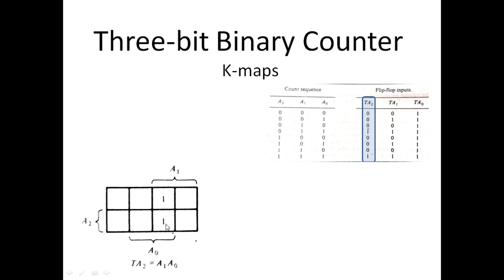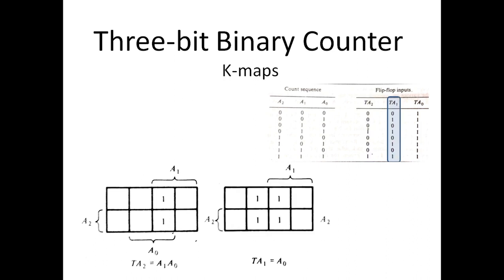The rest of all minterms are 0, and these 2 squares are 1. So when we group them, there is a single 2-square group, and the equation for TA2 would become A1 and A0, which is written here. TA2 is equal to A1 A0. So this is the Boolean equation for TA2.